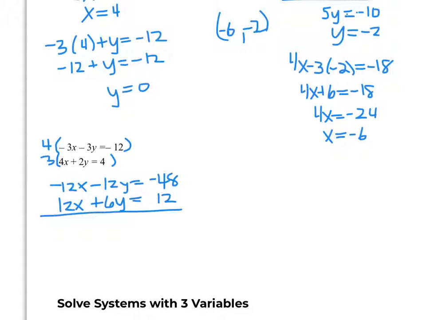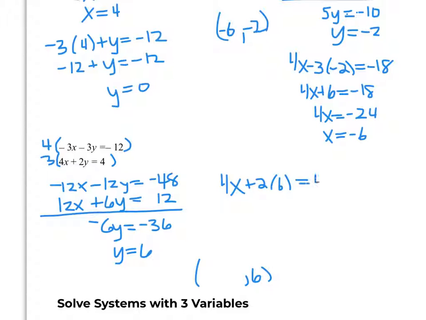My x's are already going to cancel, so when I combine I get negative 6y equals negative 36, so y equals 6. Plug it in, so I'm going to use the second equation. 4x plus 2 times y, which is 6, equals 4. So 4x plus 12 equals 4. 4x equals negative 8. So x equals negative 2.